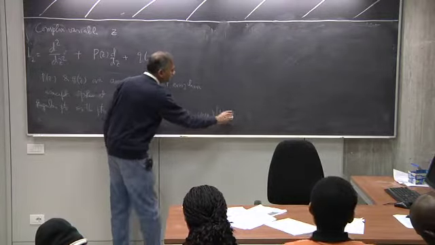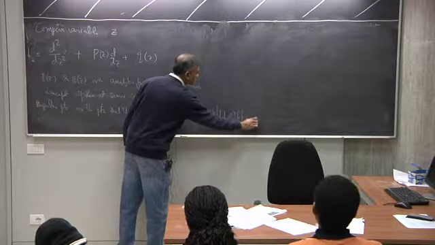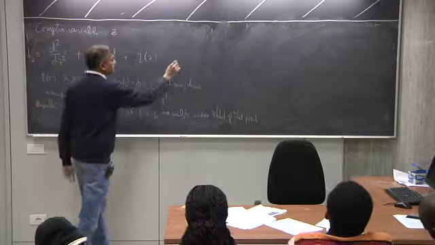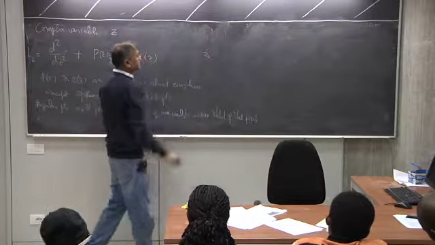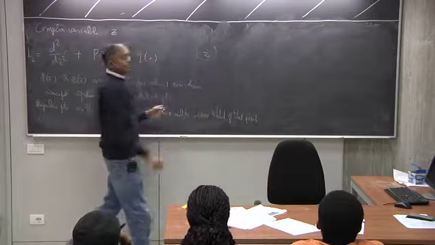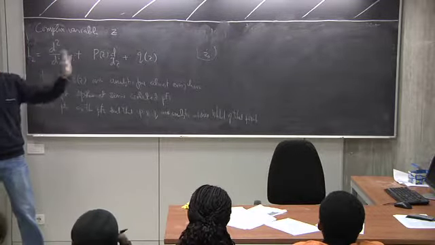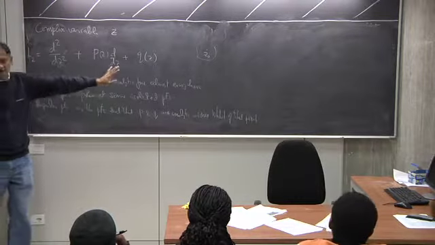So z naught is a regular point if in some neighborhood p and q are analytic, they don't have any poles, everything is smooth, regular.